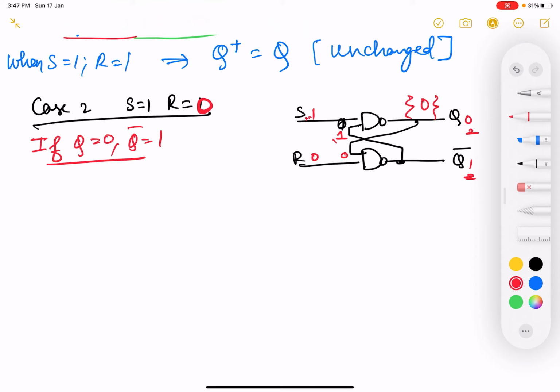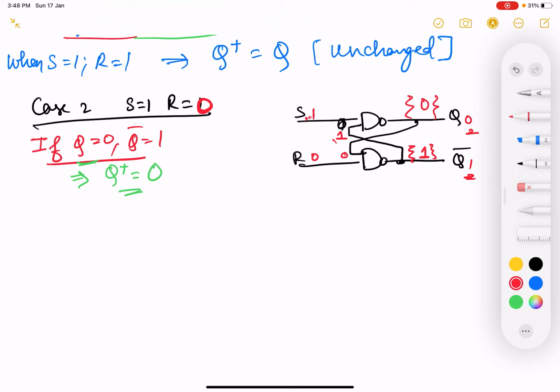Okay, and when both the inputs are 0, we get the output as 1. So we can say that when S equal to 1 and R equal to 0, and if initially the output state was 0, the next output state comes out to be 0 again.